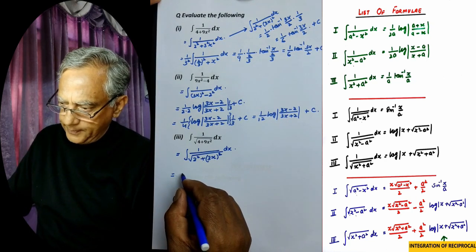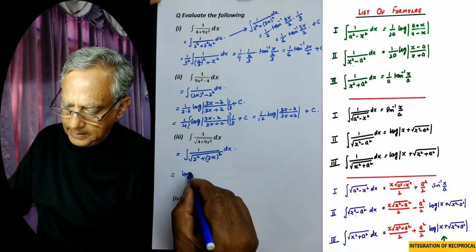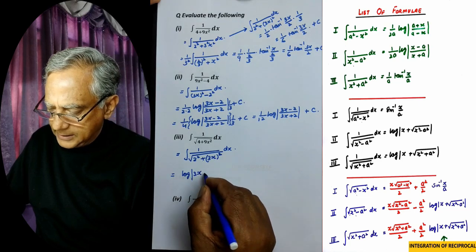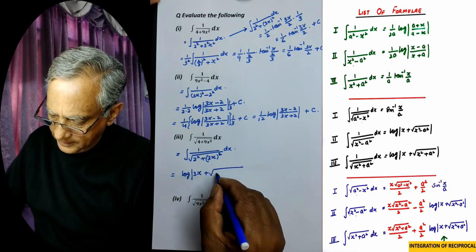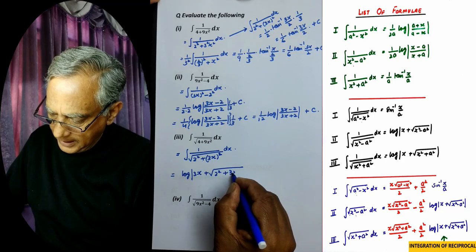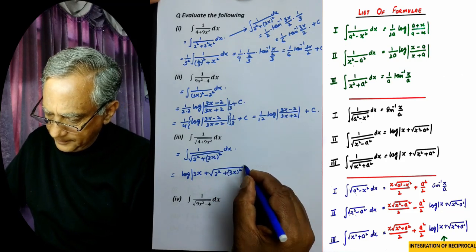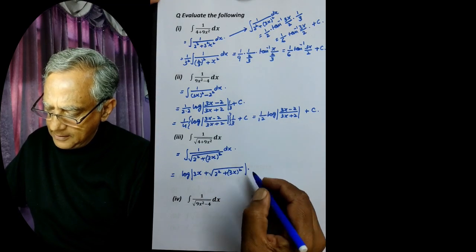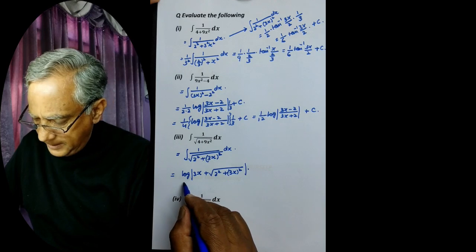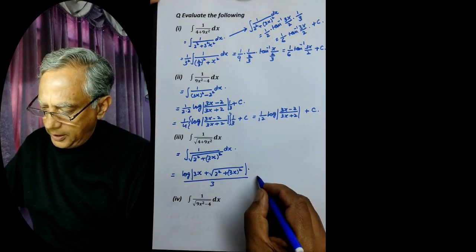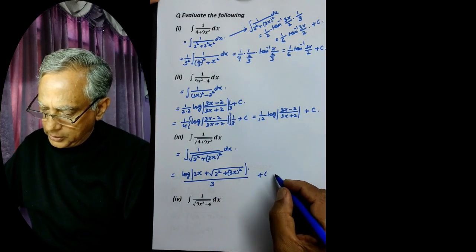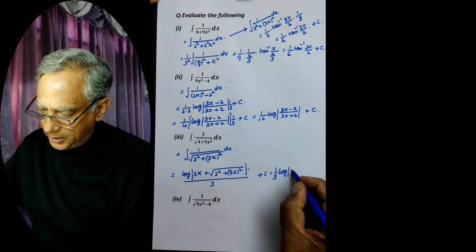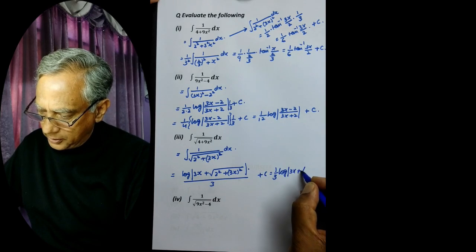So this is equal to log of x, so instead of x we have 3x, 3x plus under the root 2 square plus 3x whole square. And since a formula for x is being used for 3x, we must divide this term by 3, plus c.